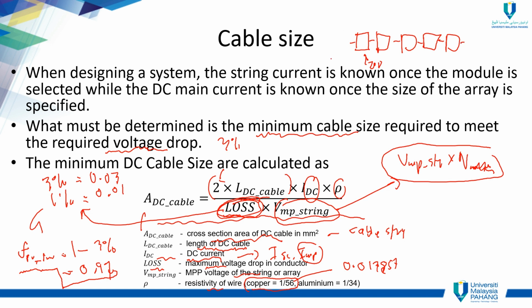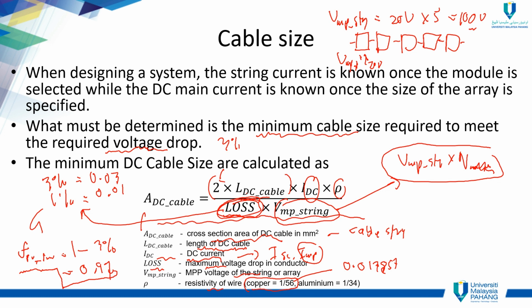I mean the VMP STC for each module is 20 volts. Means that VMP string is the 20 volts multiplied with 5, which is 100 volts. Remember, VMP string, not the single VMP STC. Okay, so this is the character for this equation. All the characters are defined in the equation.